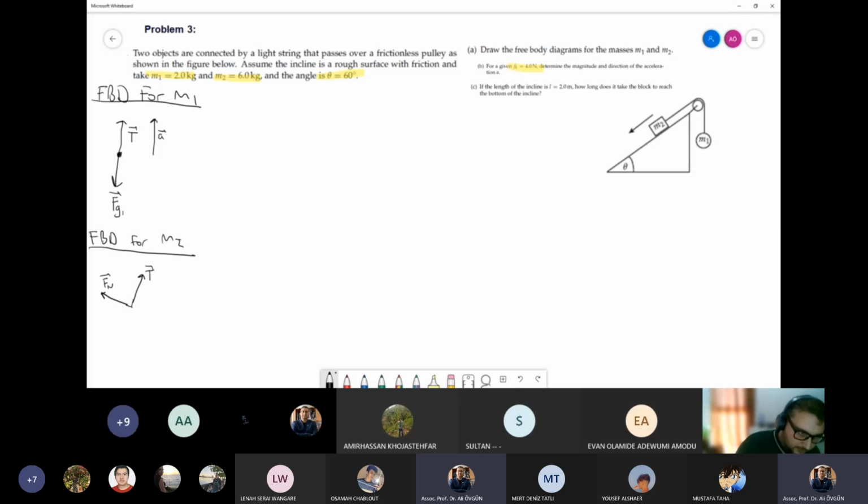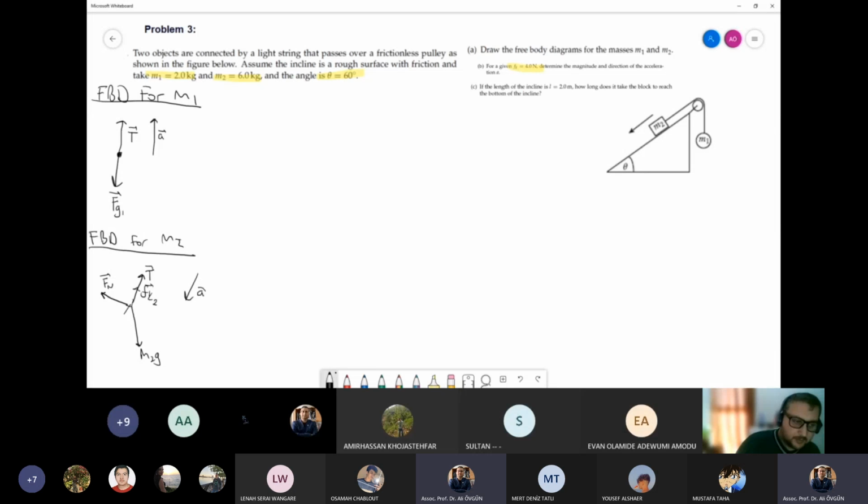And there is a friction force opposite to the motion, because the motion is in this direction. So Fk2.